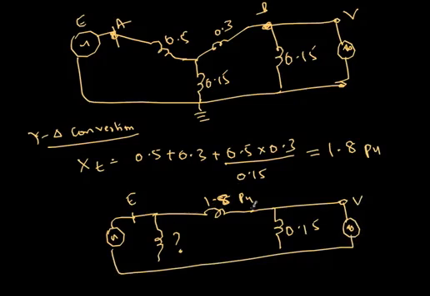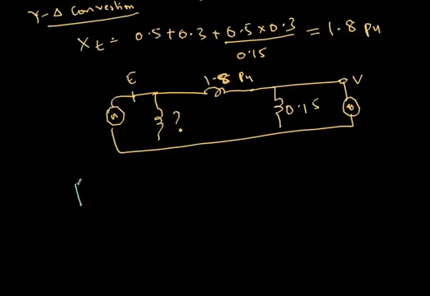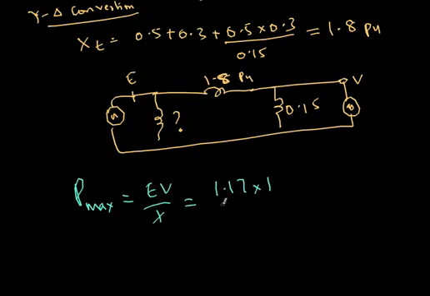So this is what matters when calculating the maximum power transfer capability. So Pmax will now be EV by X, which is 1.17 into 1 divided by 1.8. So this is 0.65. So we are denoting this as Pmax2.